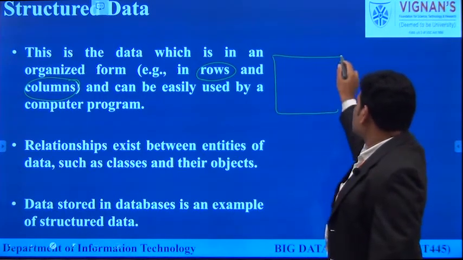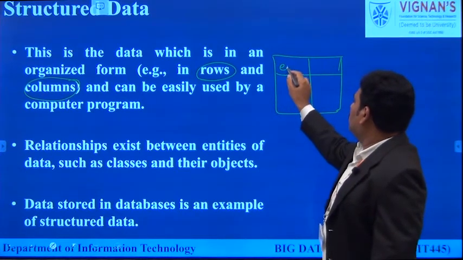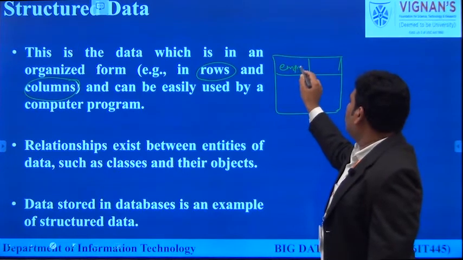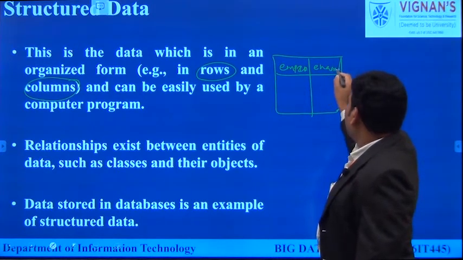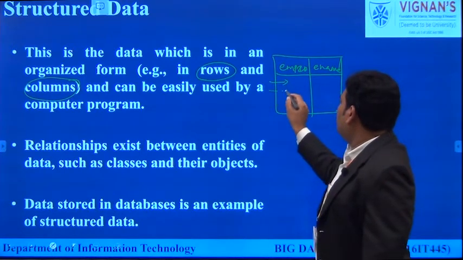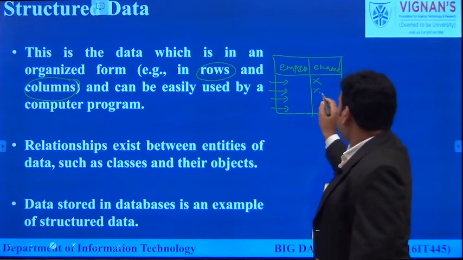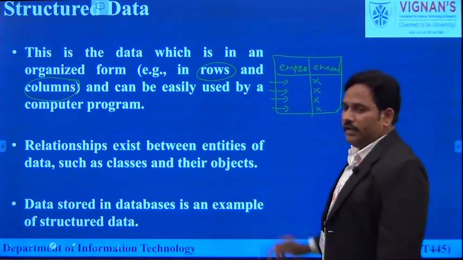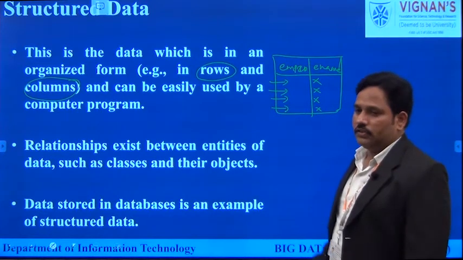If we look at this sample employee table, this is the employee ID and this is the employee name. We fill in the employee ID of each employee and their relevant name in an organized manner. This is an example of structured data.